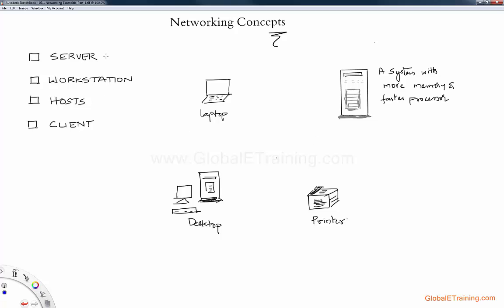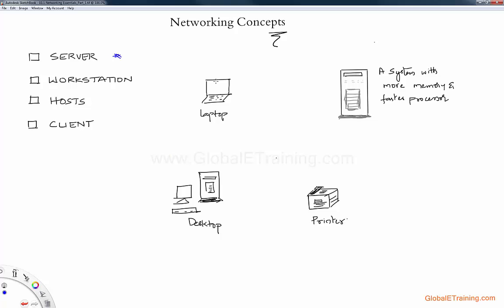First is the server. A server is a device on the network that shares something to the people or to the devices on the network.